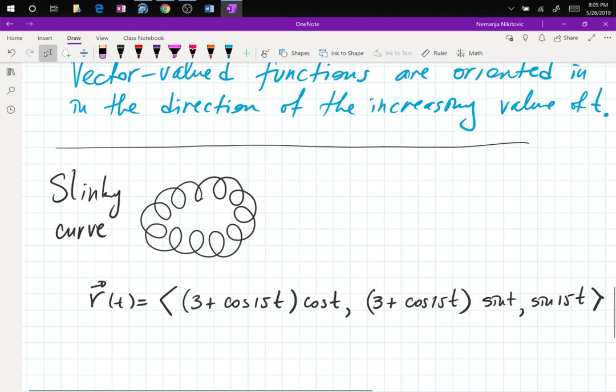And I think that's it, because I'm going to talk about limits of vector-valued functions in the next lecture, which is calculus of vector-valued functions. So let's take a look at another example.